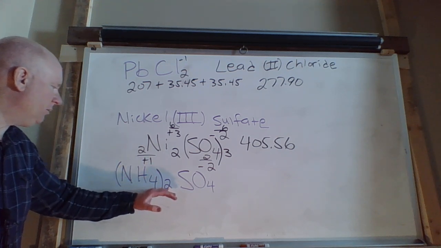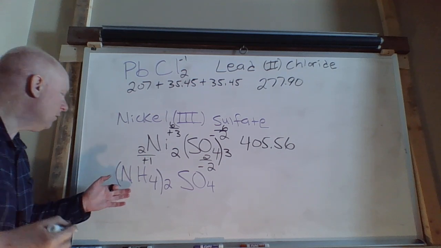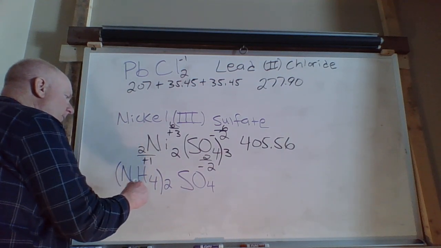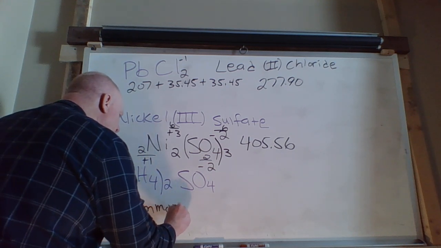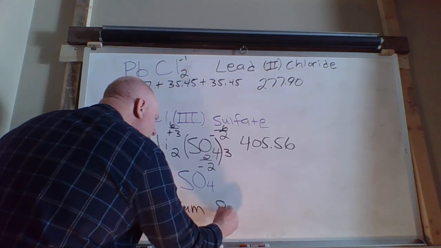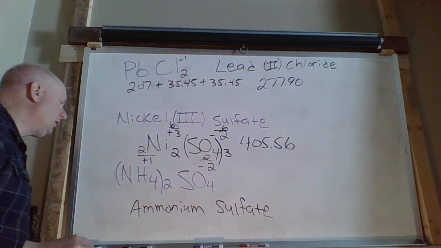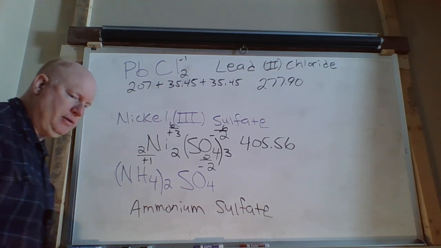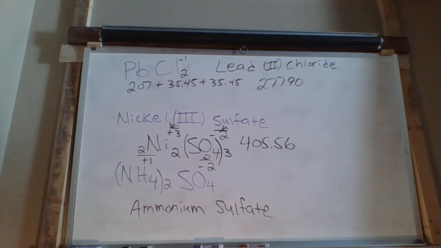This 2 has to be distributed through the entire formula for ammonium sulfate. And then to add those together, 1 nitrogen is 14.01 times 2 gives you 28.02.